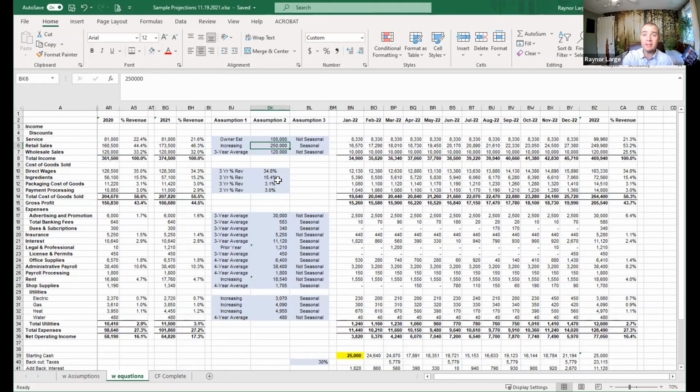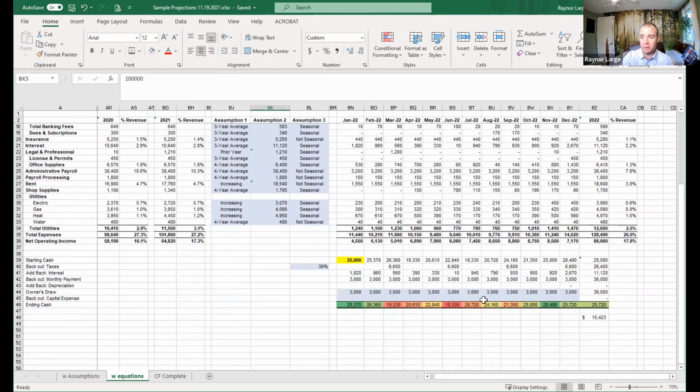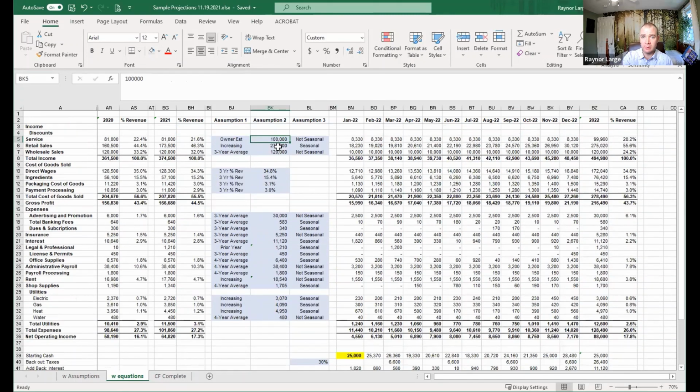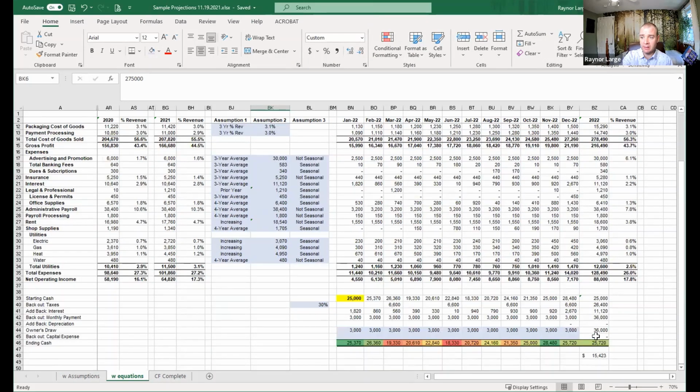So there are ways to say, okay, what's my margin of error where this still makes sense? To invest that much, if I get to 275, I only make $720 for the whole year. I'm only $720 richer than I was at the beginning of the year.